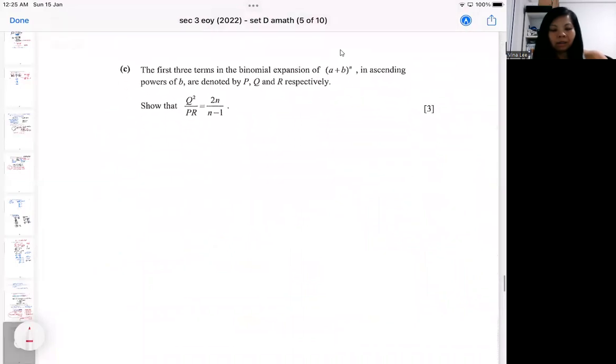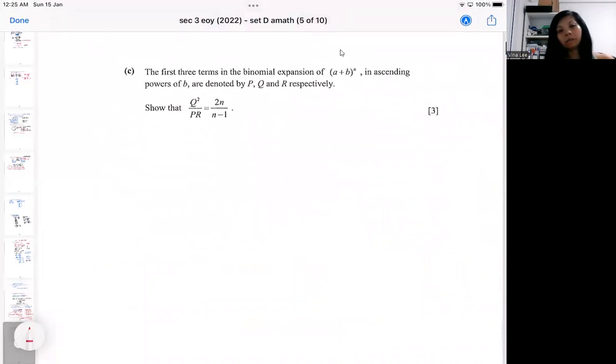Okay, this one is an O-level question. It was a very, very long O-level question. A lot of students couldn't do it, and it marries a little bit on the idea of proving, like trigo proving. So you've got to read very carefully the first 3 terms of the binomial expansion.